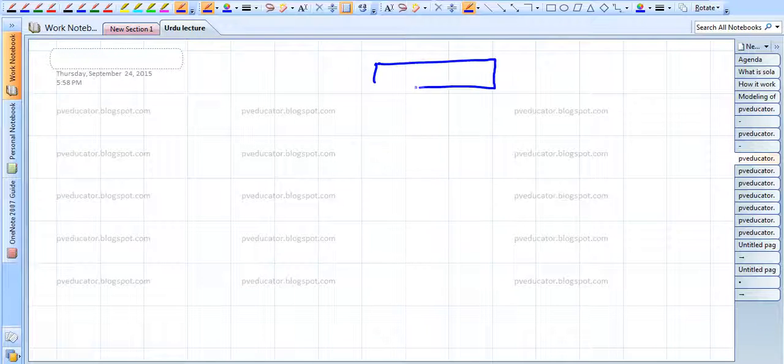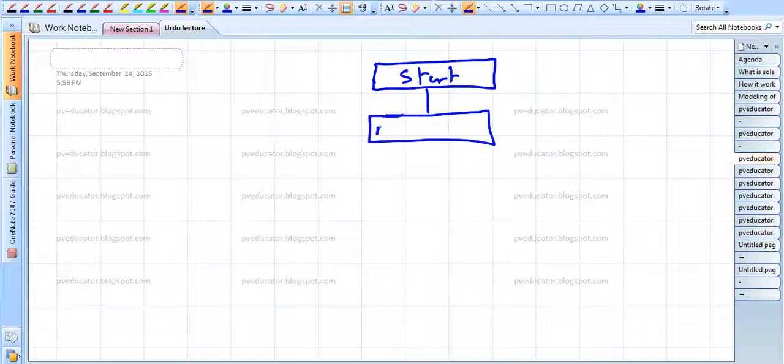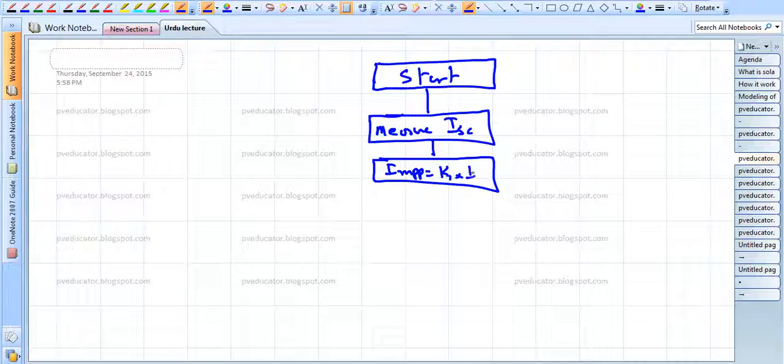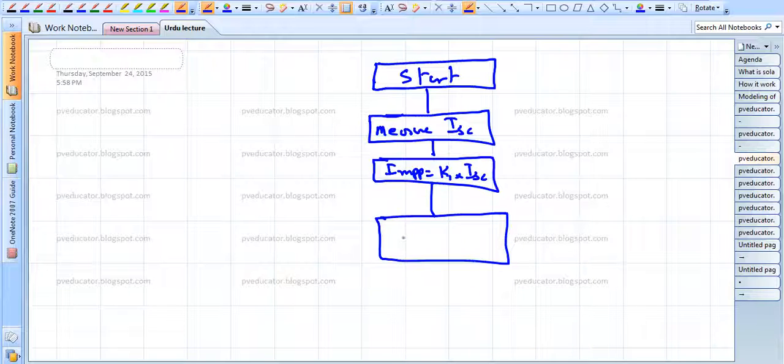So you start our system here. First of all, you measure ISC, then you multiply this ISC to find K1 into ISC, then you will be having IMPP minus IPV.